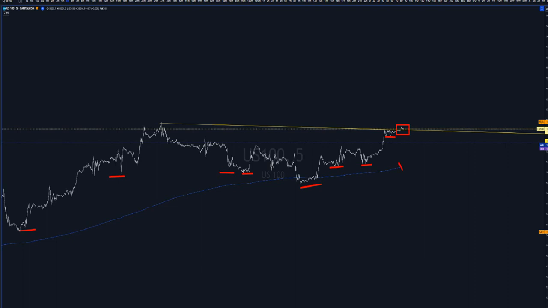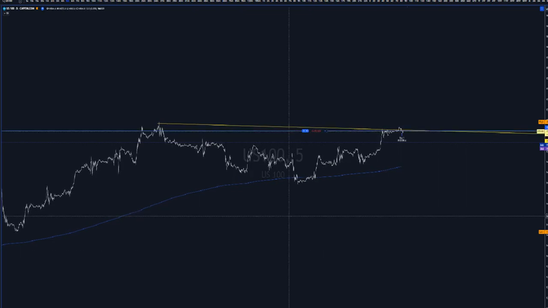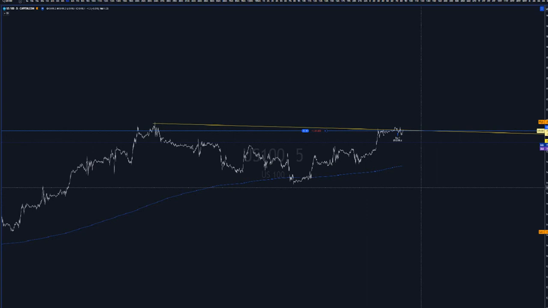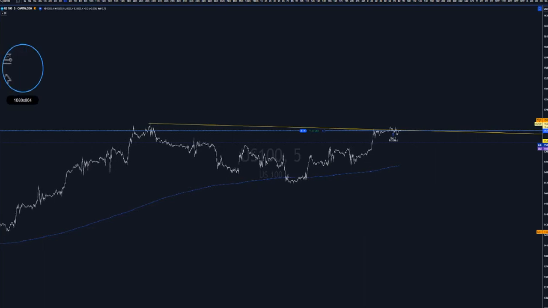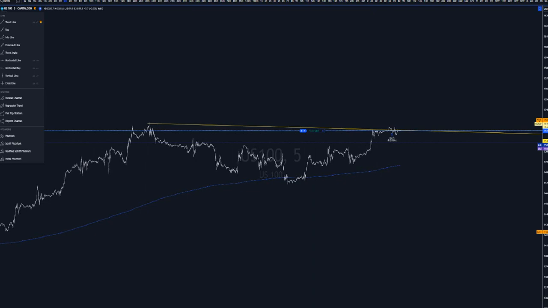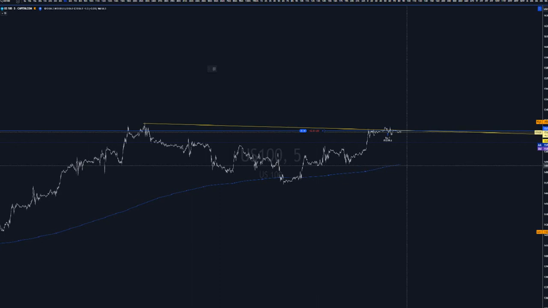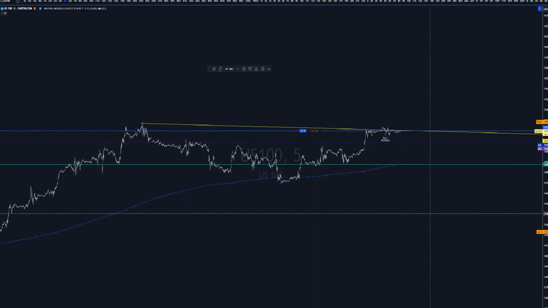We can also place our stop loss here, or a little bit below the moving average, as we know that the moving average will act as a kind of support. In this case, I am putting my stop and trailing that with the moving average.